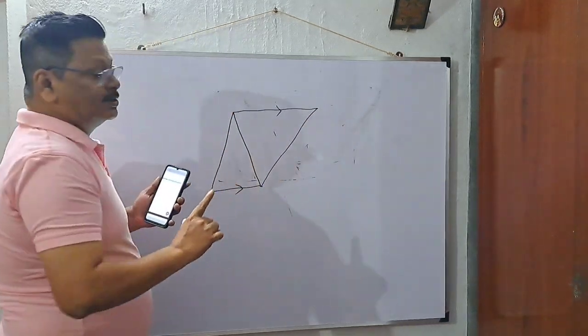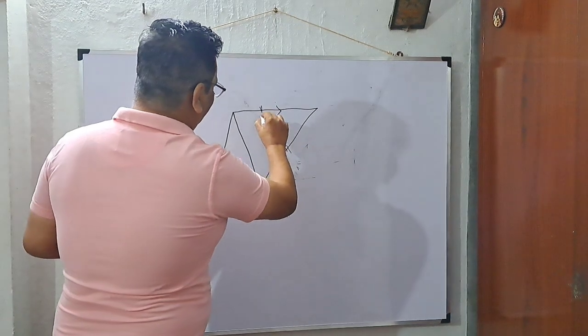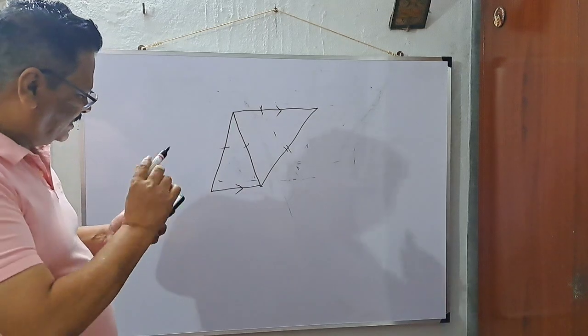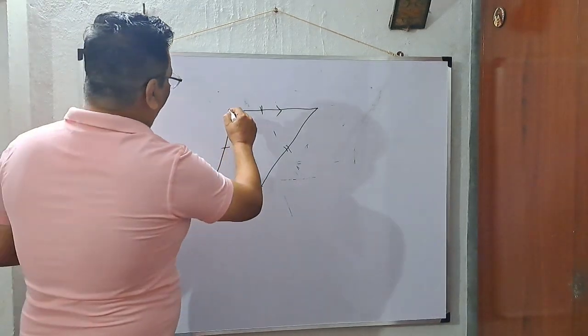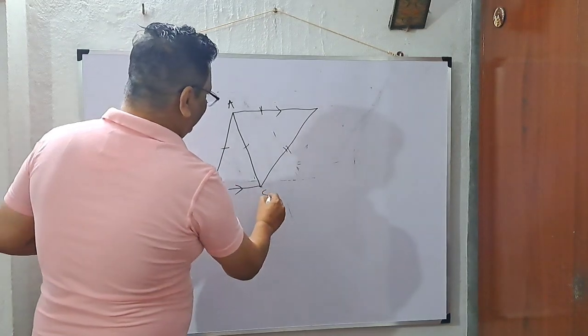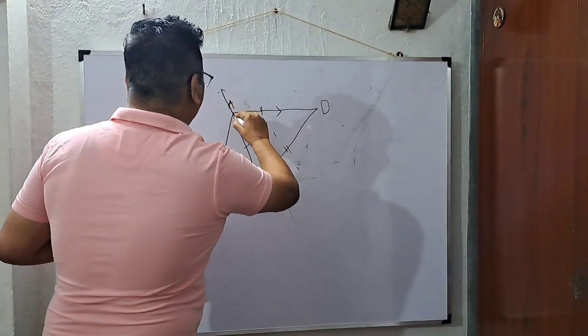Although the drawing doesn't show it, it is said that this side is equal to this side and this side is equal to this side. Now let us name it A, B, C and D.